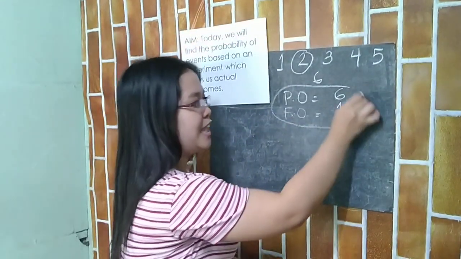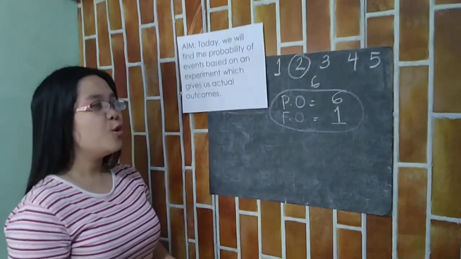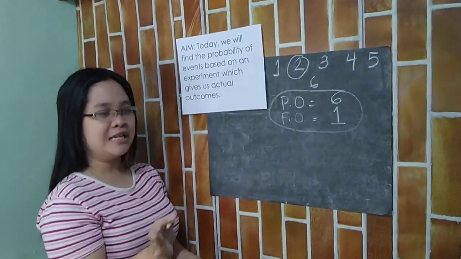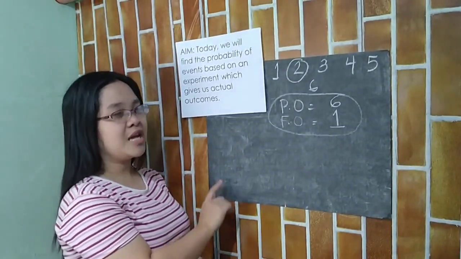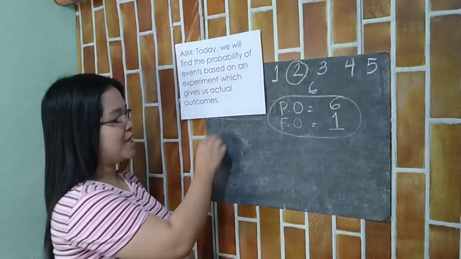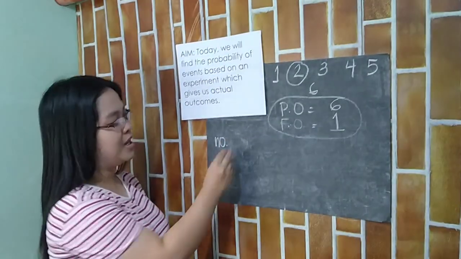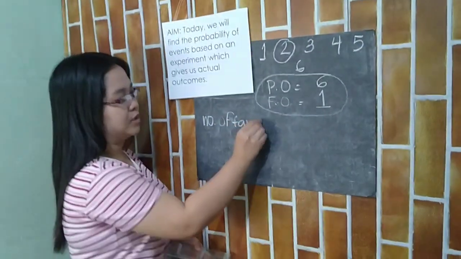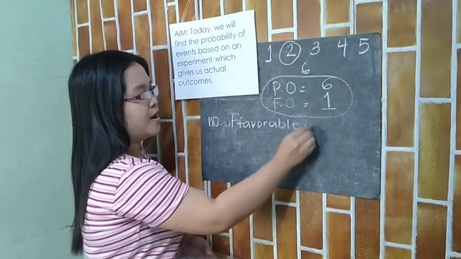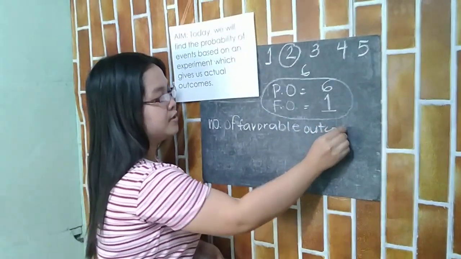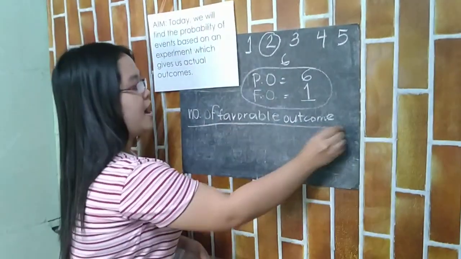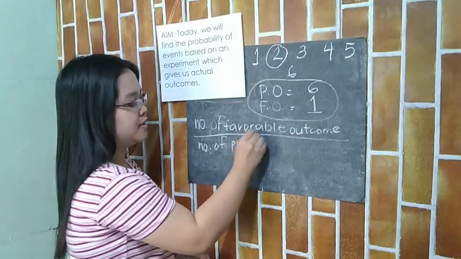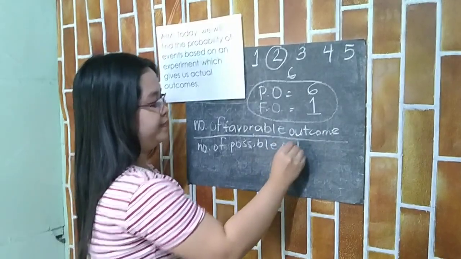Looking at this given value, what could be our theoretical probability? Remember, in our previous lesson, theoretical probability can be expressed by following this formula: number of favorable outcome over number of possible outcome.